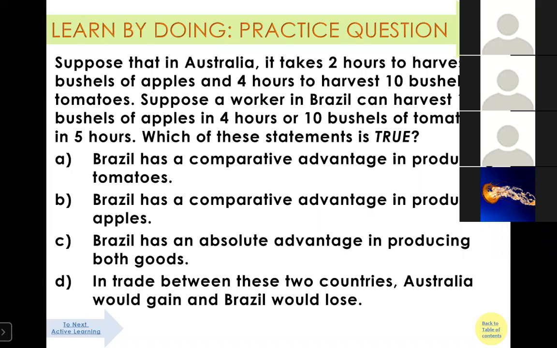Which of the statements is true? To answer this one, you need to find out their opportunity cost. And it's better you put down a table as we have done before, right? So I guess we pretty much run out of time. So why not you read this question, and then we can discuss this when we meet.